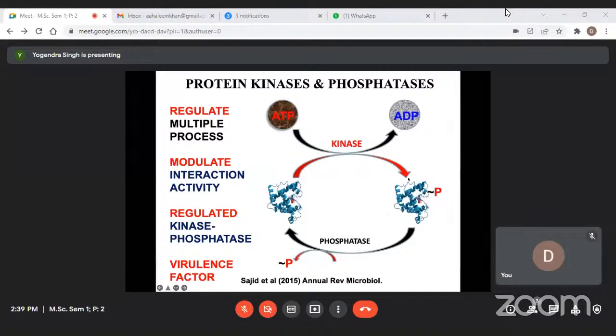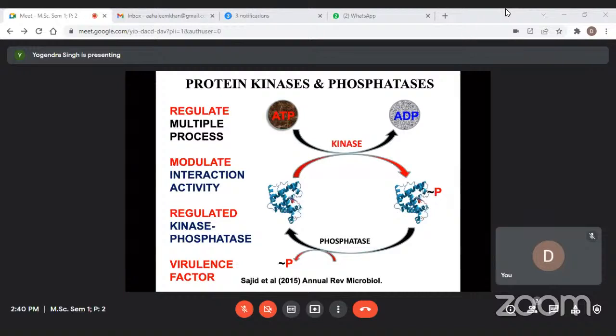Now, once the job is done, when the cell wants the enzyme or protein to come back to the basal level, then the phosphate can be removed by other enzymes. These kinases and phosphatases themselves are also regulated by signaling pathways, and they can modulate all kinds of reactions in our metabolic pathways, growth, and everything I have been mentioning.